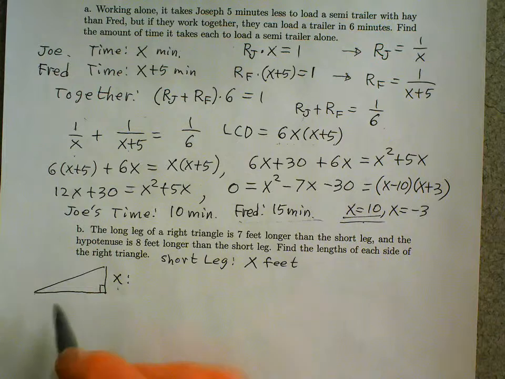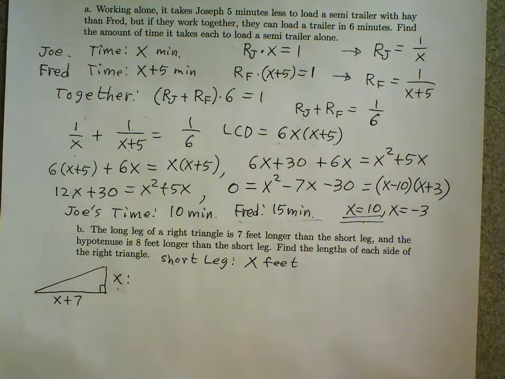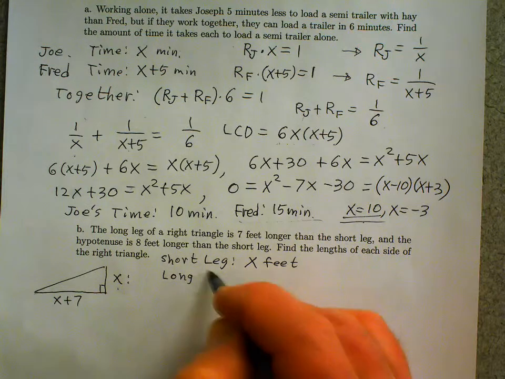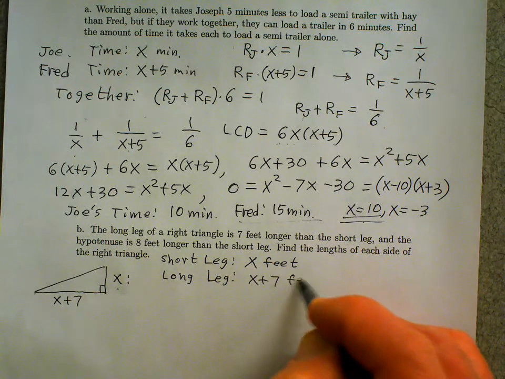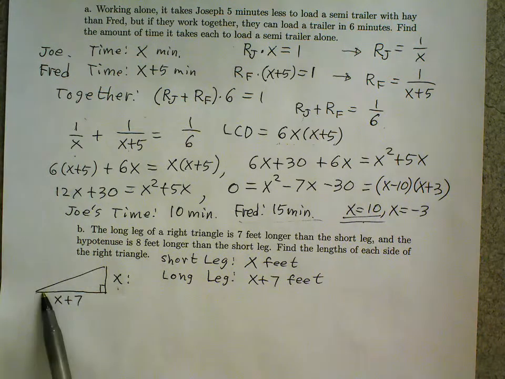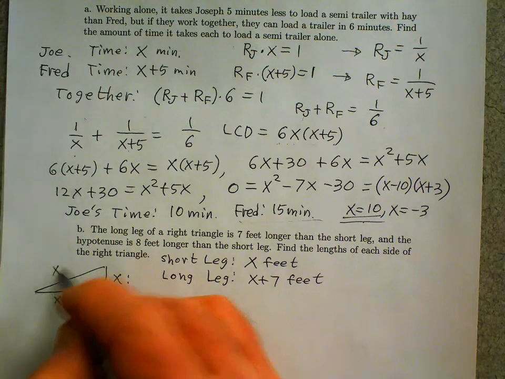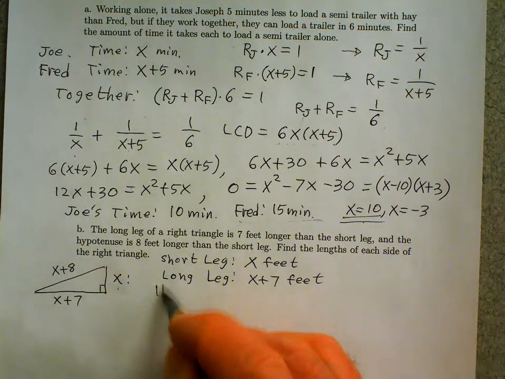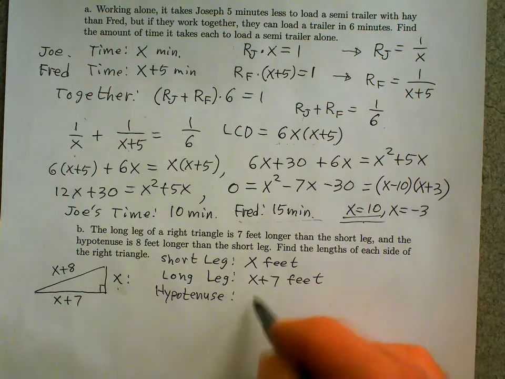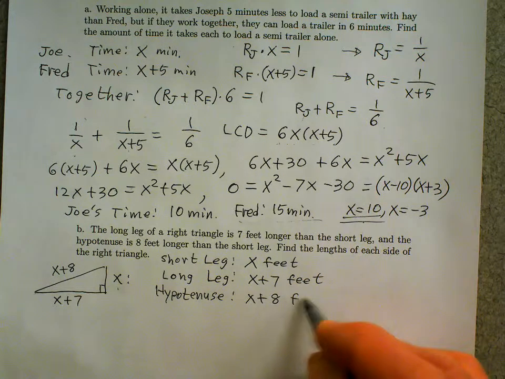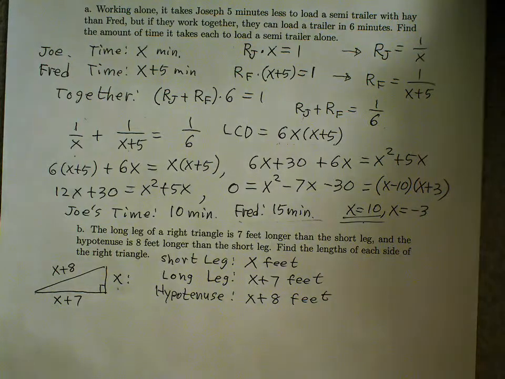So the long leg is represented by x plus 7 feet, and the hypotenuse is 8 feet longer than the short leg, so x plus 8 for the hypotenuse. Then we apply the Pythagorean theorem to that right triangle.